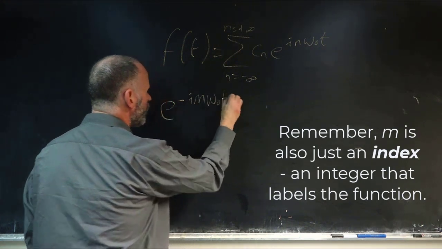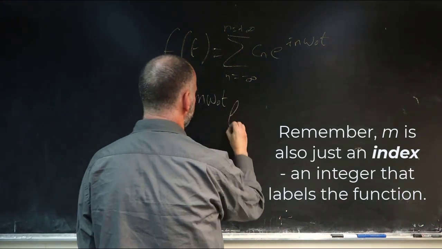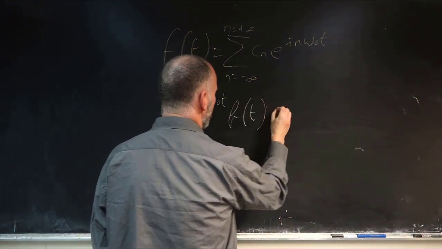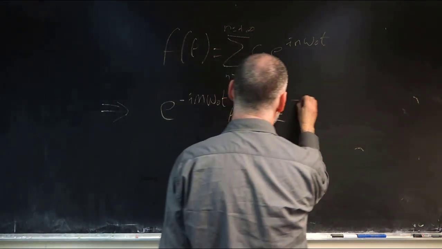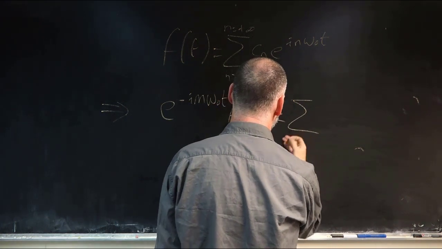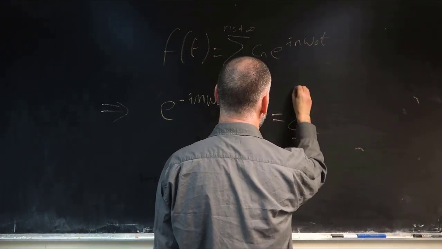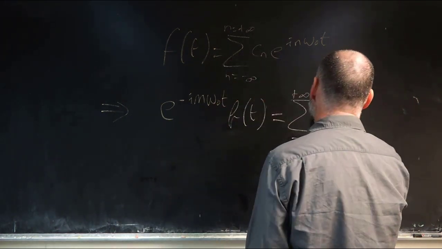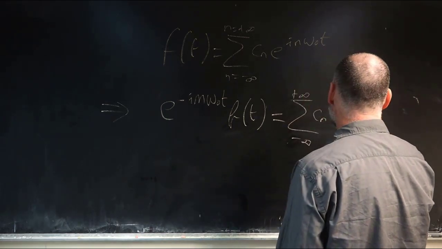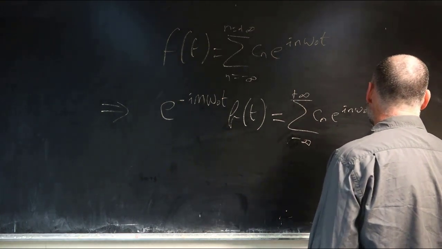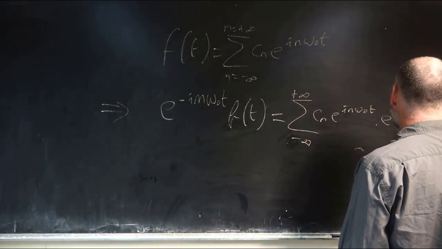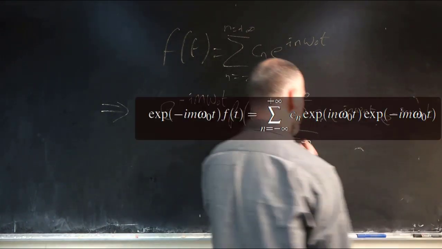So multiplying both sides, over here we've got the sum from minus infinity to plus infinity of c n e to the i n omega 0 t, multiplied by e to the minus i m omega 0 t.